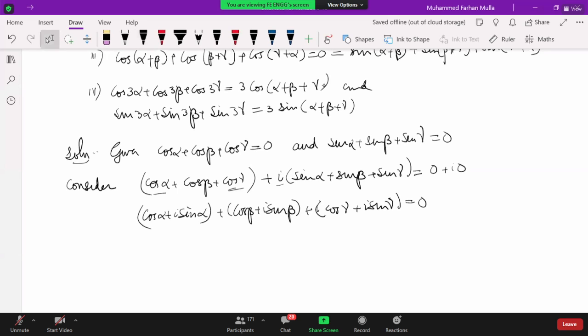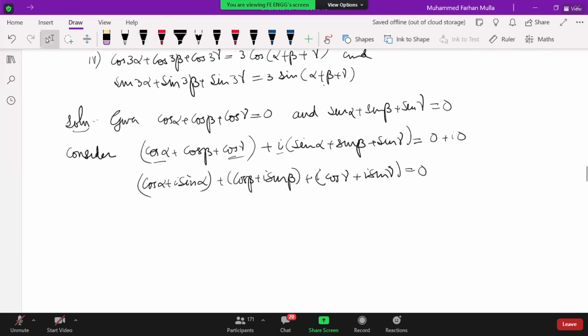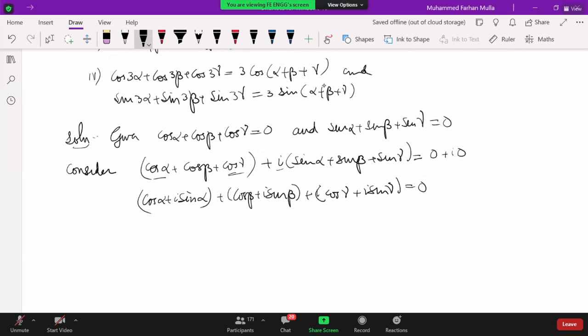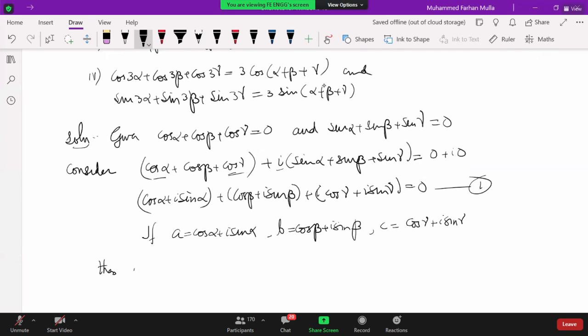If I assume, with the notation, if A is equal to cos alpha plus I sin alpha, B equal to cos beta plus I sin beta, and C is equal to cos gamma plus I sin gamma, then you can write A plus B plus C equal to 0. Okay, this is a very, very important result.